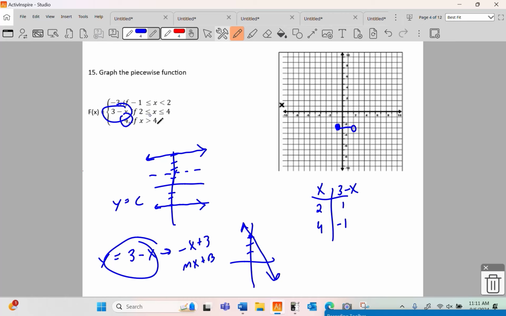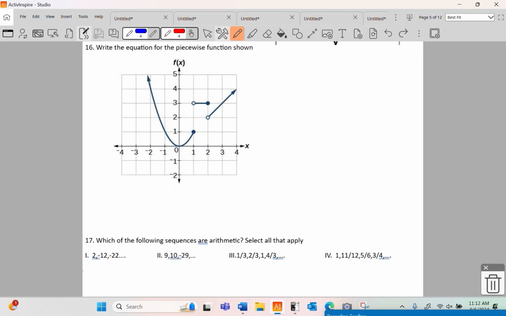These are both closed. So 2, 1 is going to be closed. 4, negative 1 is going to be closed. And then I'm this guy. I'm 4 as long as x is bigger than 4. Open hole, run right forever. What's the piecewise function? It ain't too bad. It's not as bad as you want it to be.